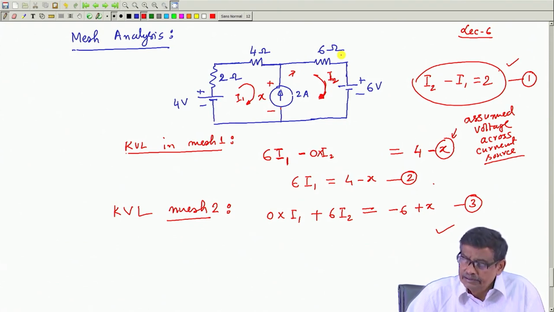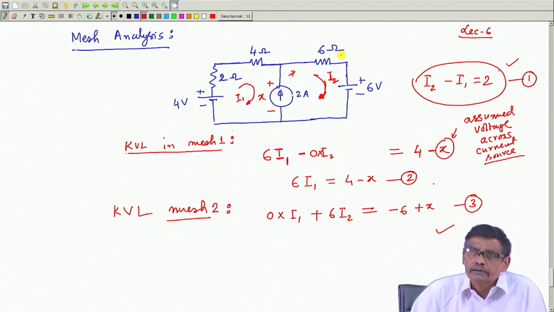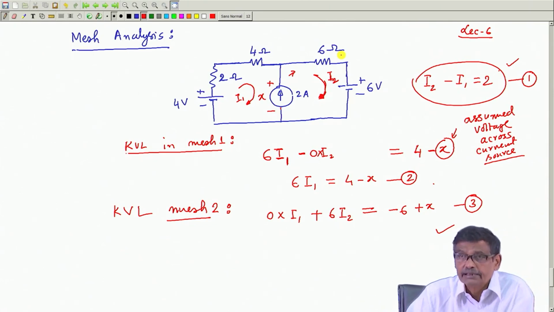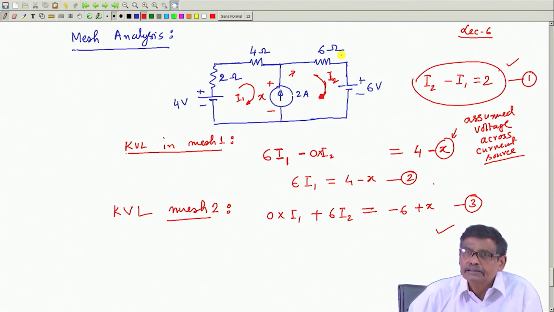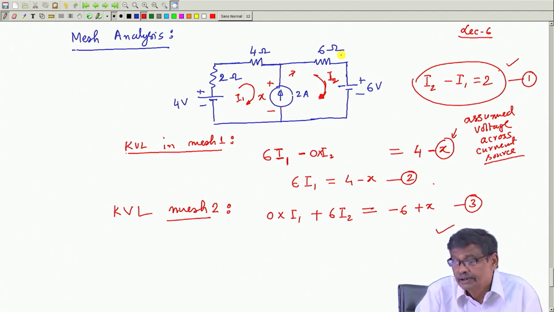And in some particular cases, when the current sources are present in some outer meshes of a circuit, then you get some advantage, because those mesh currents are known. But number of variables increases when there will be current sources present in the common branch.